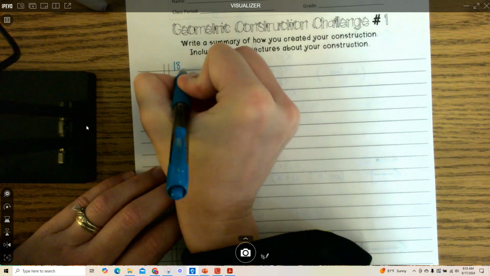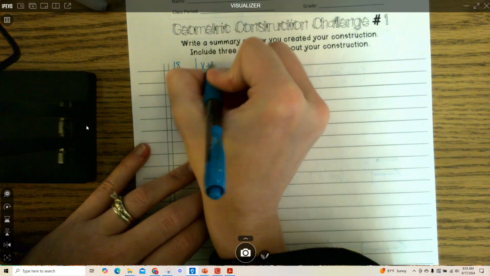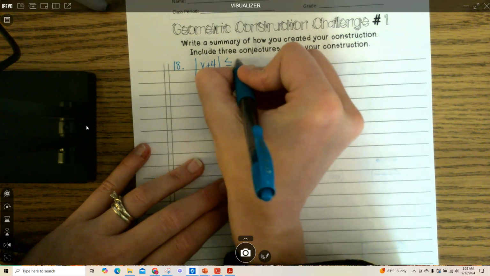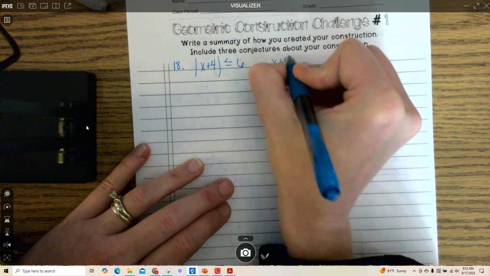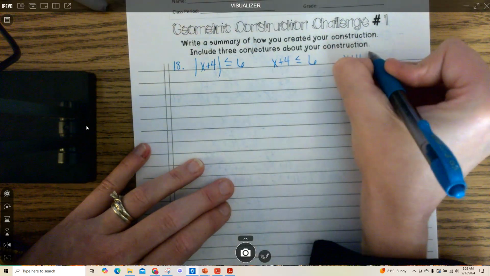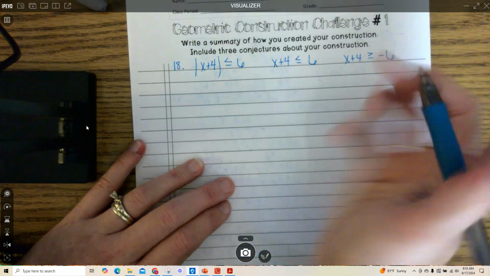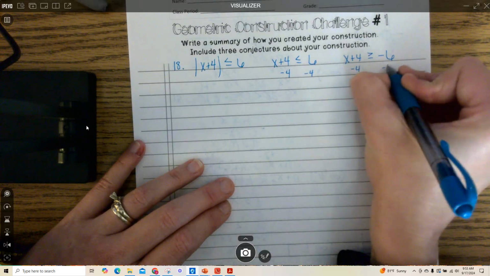18. Absolute value of x plus 4 is less than or equal to 6. So I would have x plus 4 is less than or equal to 6, and x plus 4, flip the sign, -6. I'm going to check my answer on this one before you type something in. Solution in interval notation.